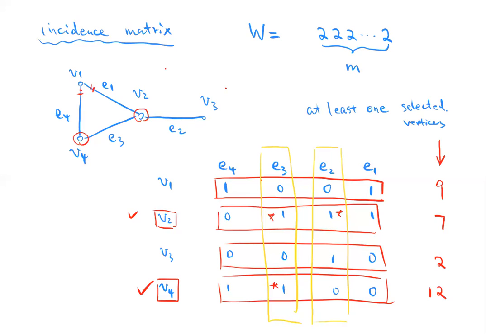Vertex cover will give us maybe 2, 1, 1, 2, 1, 2, or something. Some are 1, some are 2, not all 2s. But we'll fill some of the sum, right? A vertex cover covers all edges. If an edge is covered twice, it becomes 2. If it's only covered once from one end, it gives us 1. So we'll be able to fill at least half of the sum.